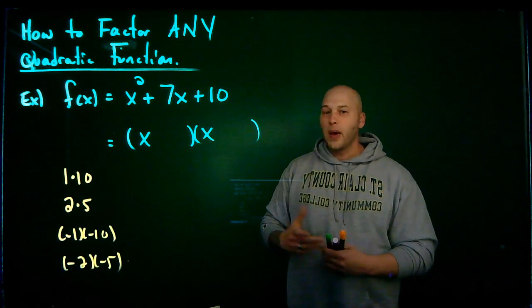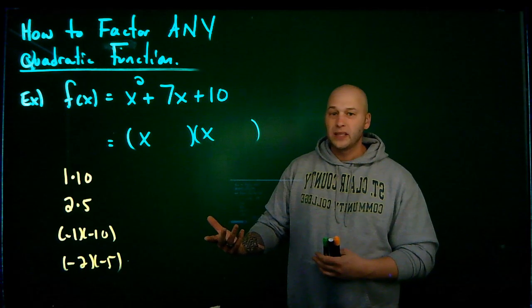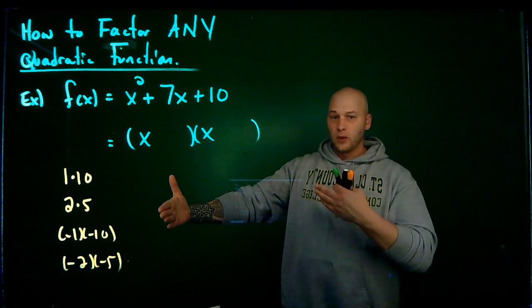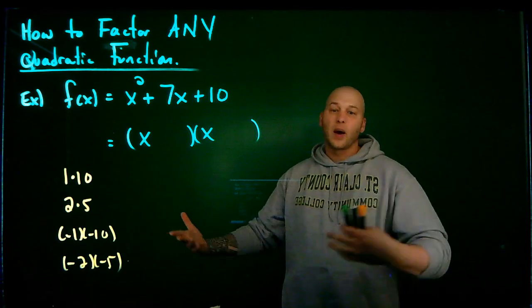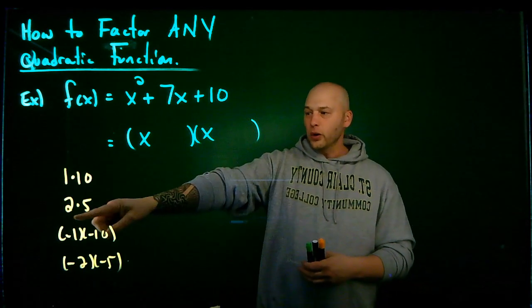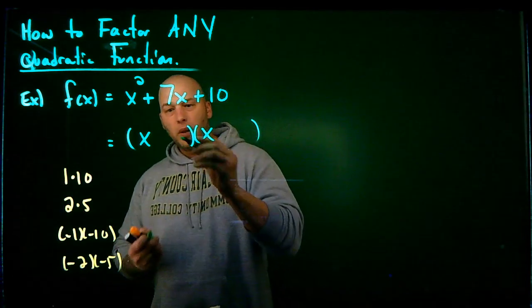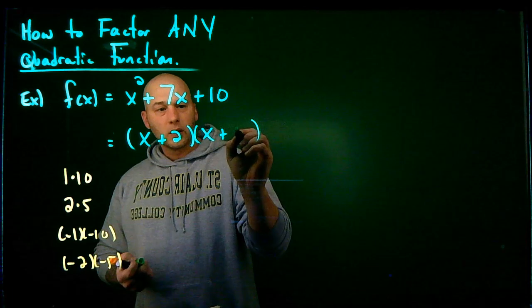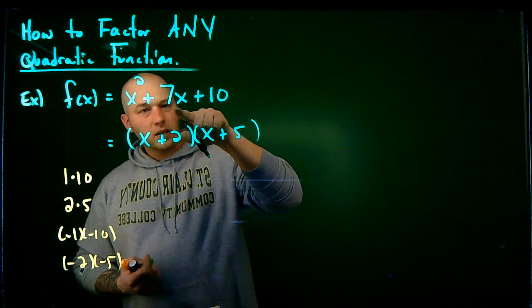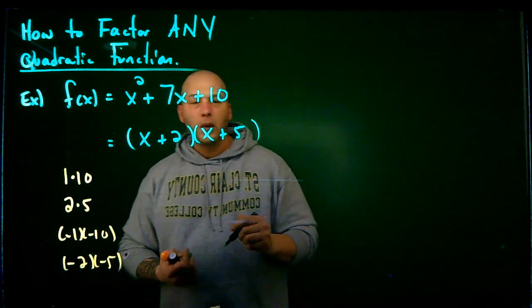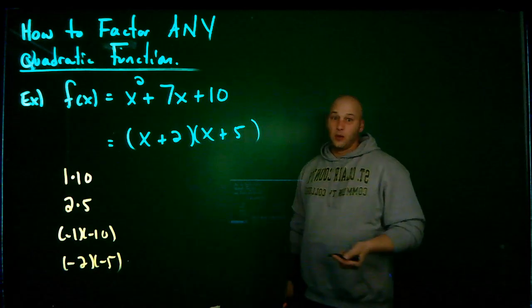Then you look at those pairs and ask, which ones add together to get positive 7? Of course 2 and 5 works, so I get plus 2 and plus 5. What adds to get 7 and multiplies to get 10, that's how you factor that.